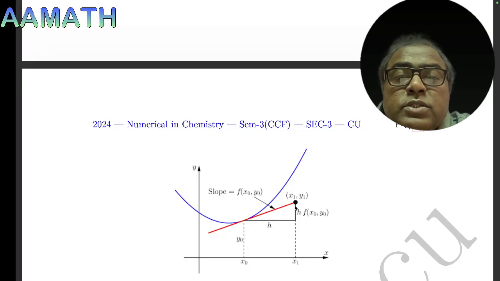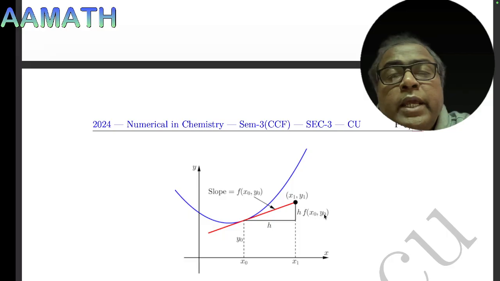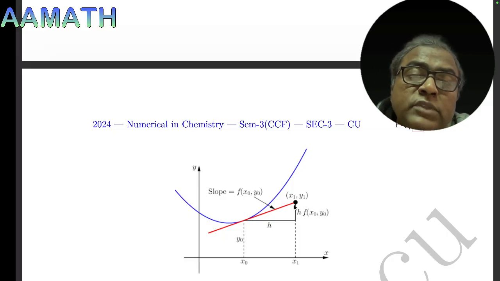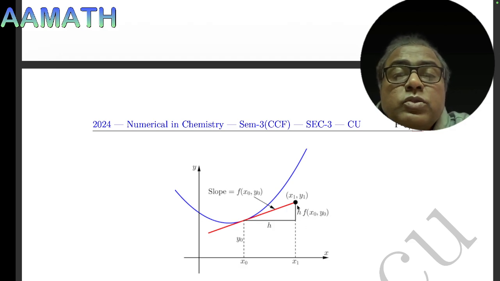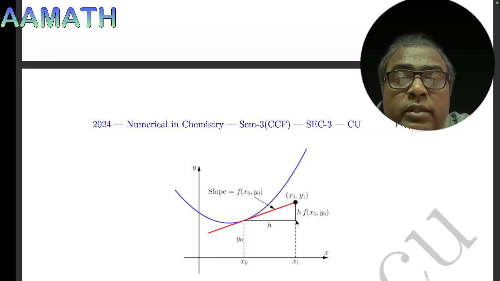Then in this right angle triangle, height by base equals tan theta. So obviously this height equals h into tan theta, which is h f(x0, y0), and the starting height is y0.